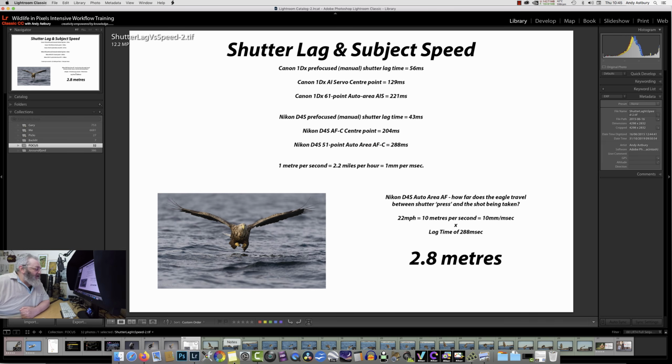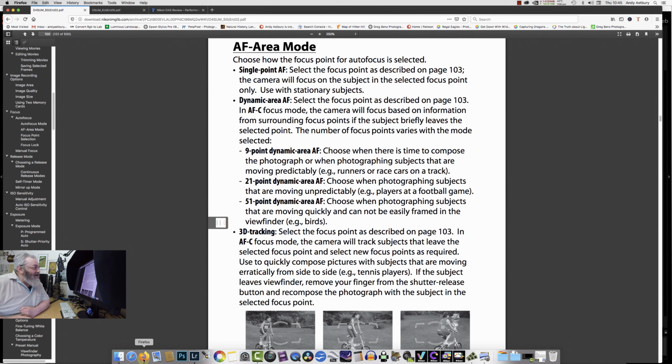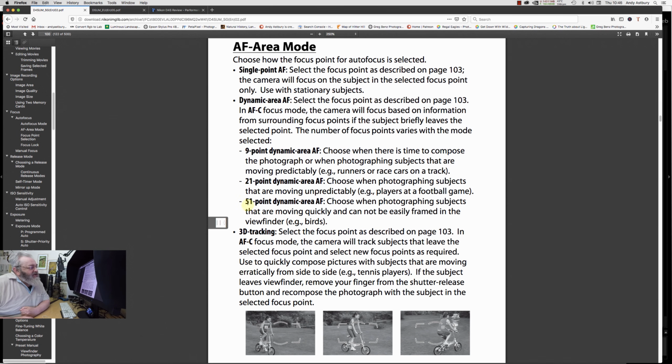So if we were to go over to the old interweb again, if we were to use 51 point dynamic area AF on a Nikon D4 or D4S, then that's the amount of shutter lag we're going to have.